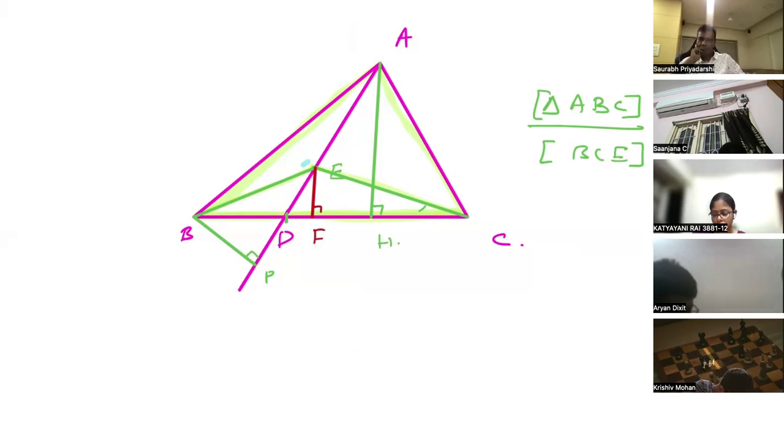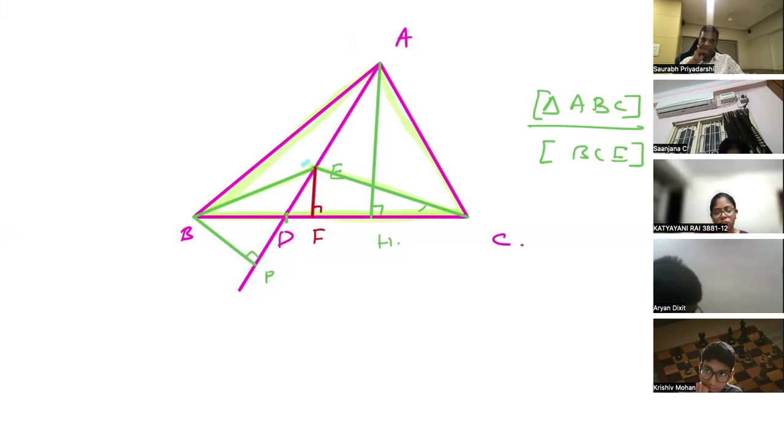Good idea. Then how are you going to find the relation between AH and EF? Any idea on this?